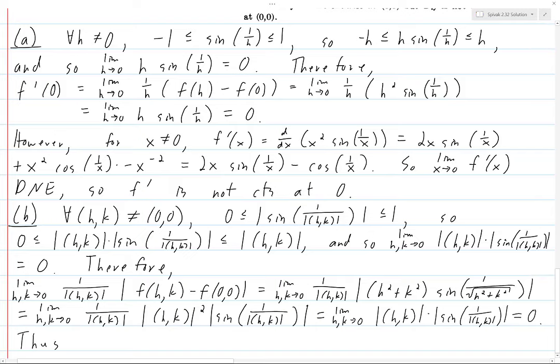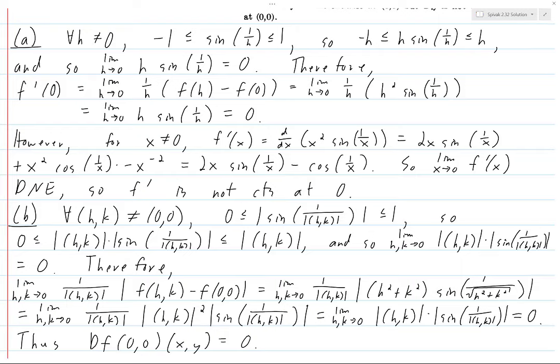Thus, df at the origin is a linear function such that you plug in any x and y and you get 0. This is because for this derivative to be true, it needs to be true that 0 is the limit as h and k go to 0 of f of (h,k) minus f of (0,0) minus df(0,0)(h,k), all over the norm of (h,k).